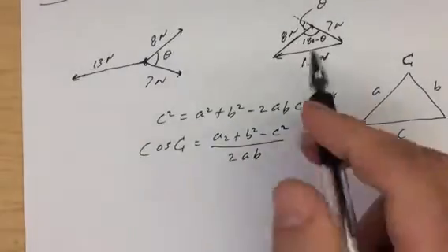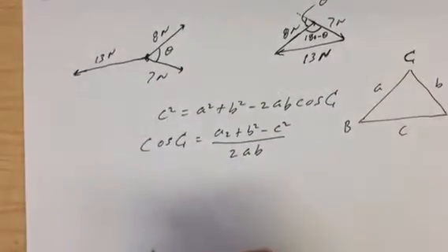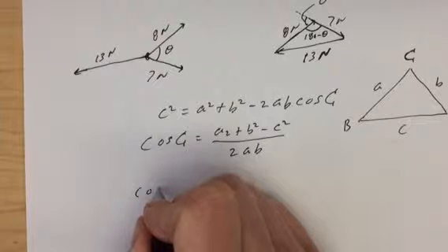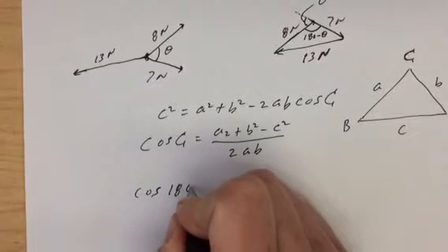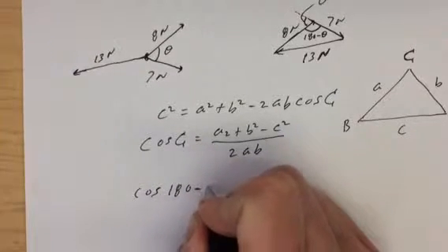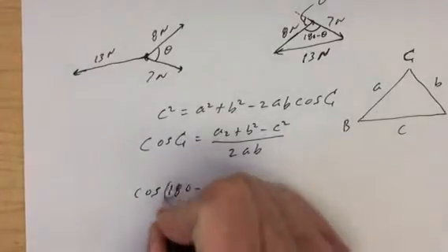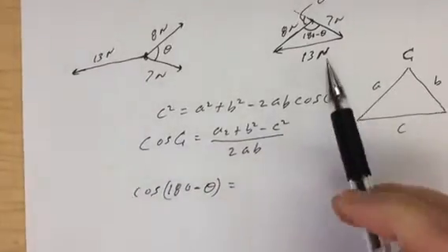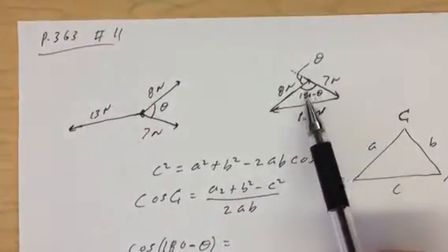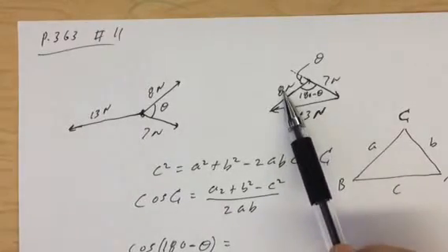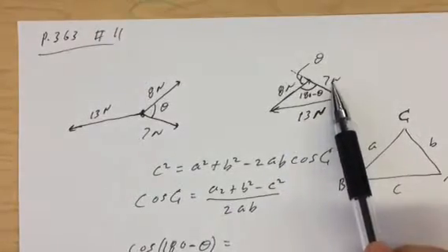So we're going to find the cosine of 180 minus theta. So cos 180 minus theta equals, well, 180 minus theta is contained between the 8 Newton and 7 Newton force.